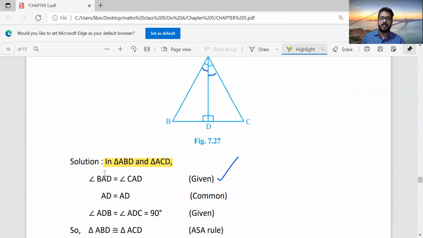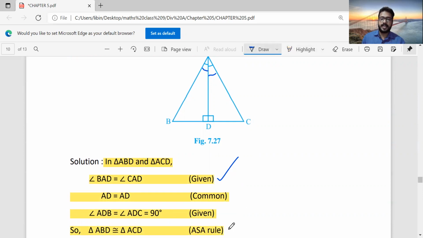It is given. So, by the ASA rule, triangle ABD is congruent to triangle ACD. ASA rule, because here we have taken the angle, then the side, and then the angle. So by the ASA rule, these two triangles are congruent.